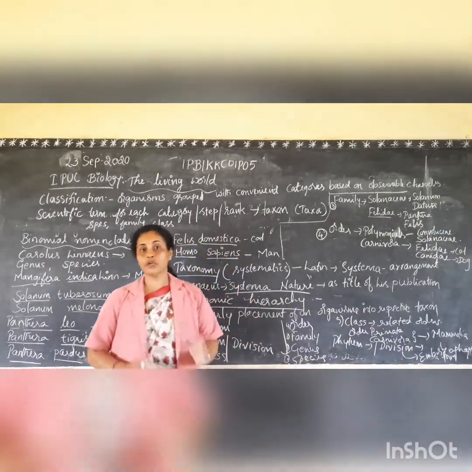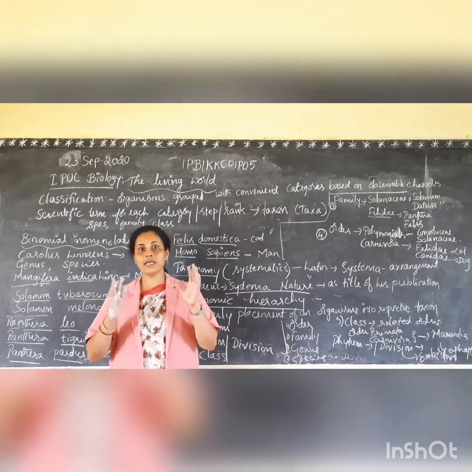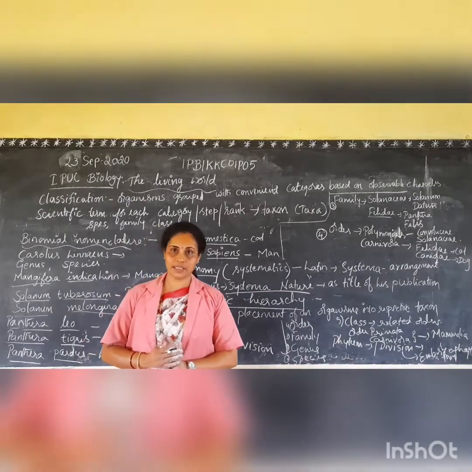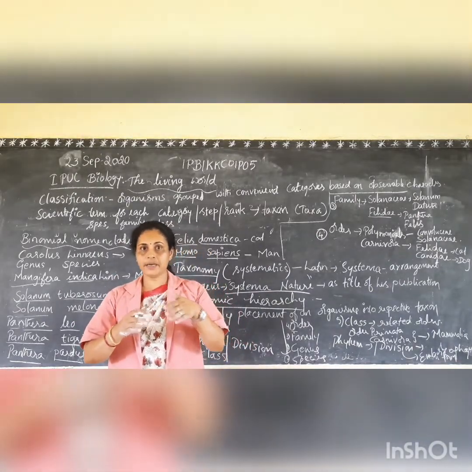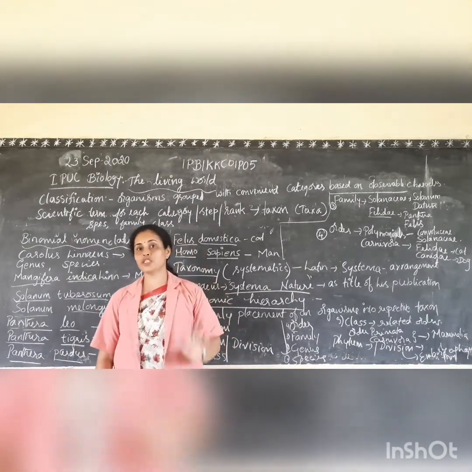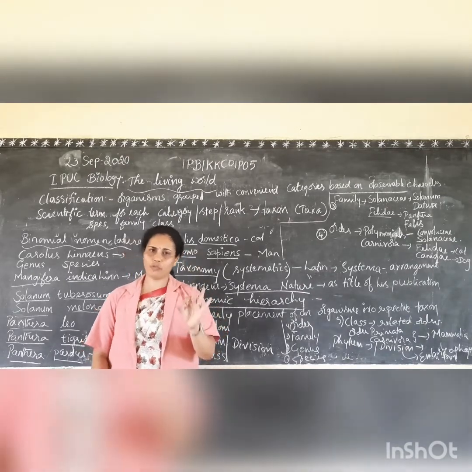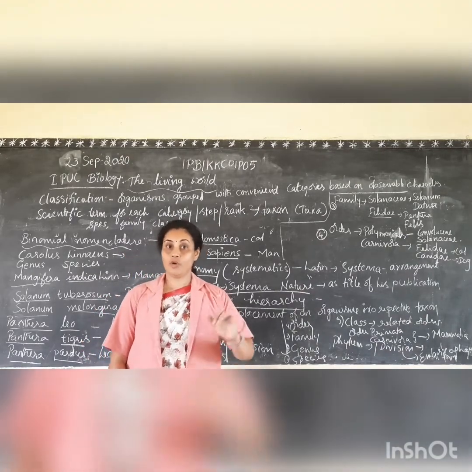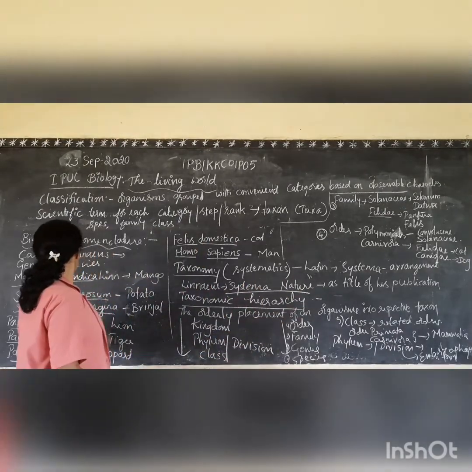Species is a group of individual organisms having similar morphological characters, that is external characters, which can interbreed and produce fertile offspring. You can make out only one kind of organism, one species. Homo sapiens or man, for example.